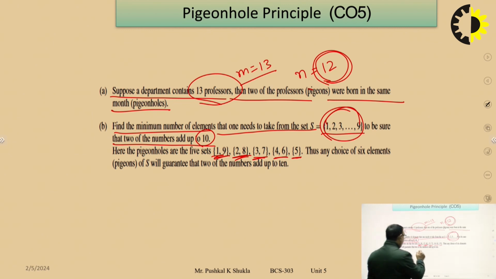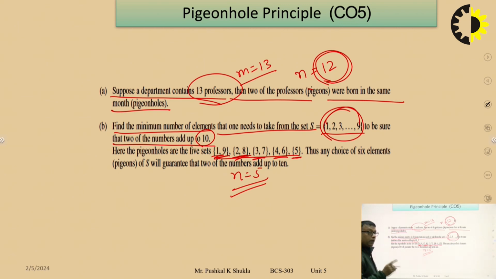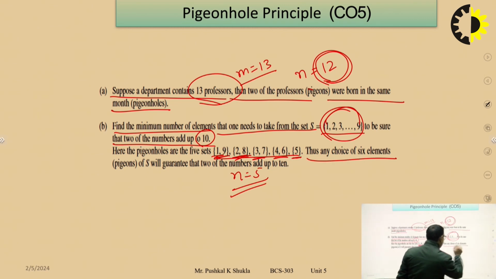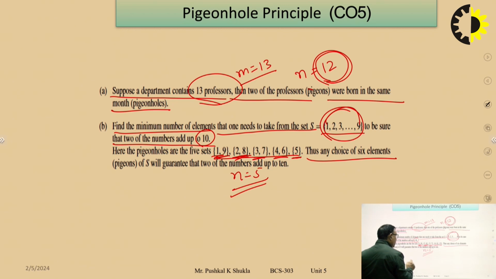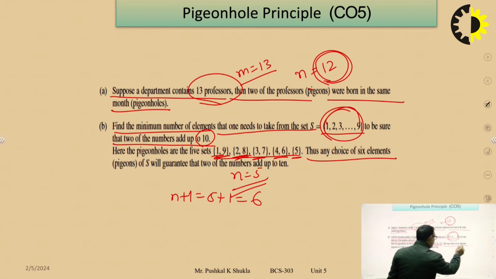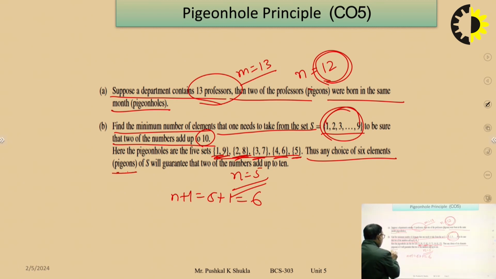So there are 5 pigeonholes, n equal to 5. So pigeons are n plus 1, one more than the pigeonholes, that is 5 plus 1, that is 6. So any choice of 6 elements of S will guarantee that two of the numbers add up to 10.